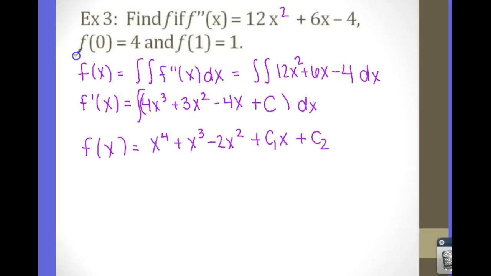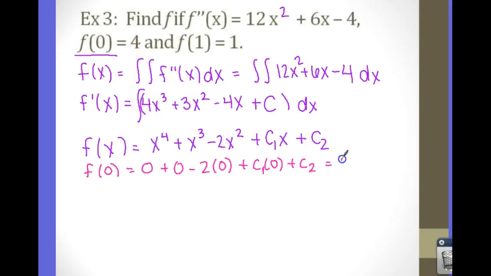If I plug in f of 0, every term with a variable zeroes out, so c sub 2 must be 4. I get 0 plus 0 minus 2 times 0 plus c sub 1 times 0 plus c sub 2, and this equals 4. So c sub 2 equals 4.